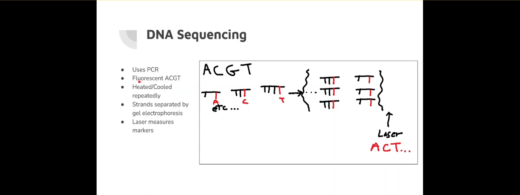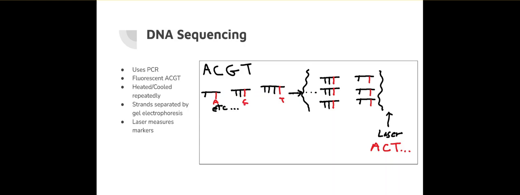And then what happens is you heat and cool this repeatedly, and you will get strands breaking up as a part of this heating and cooling process. And you'll get some that only have 2 nucleotides, some that only have 3, some that only have 4, and so forth and so on. And only one of these will be fluorescent.